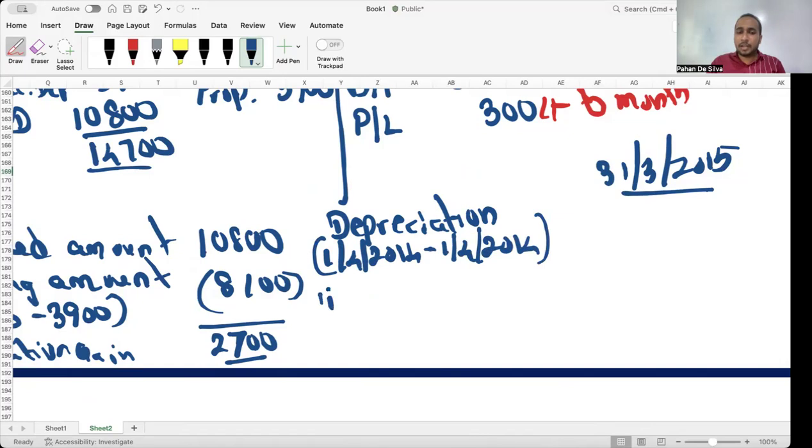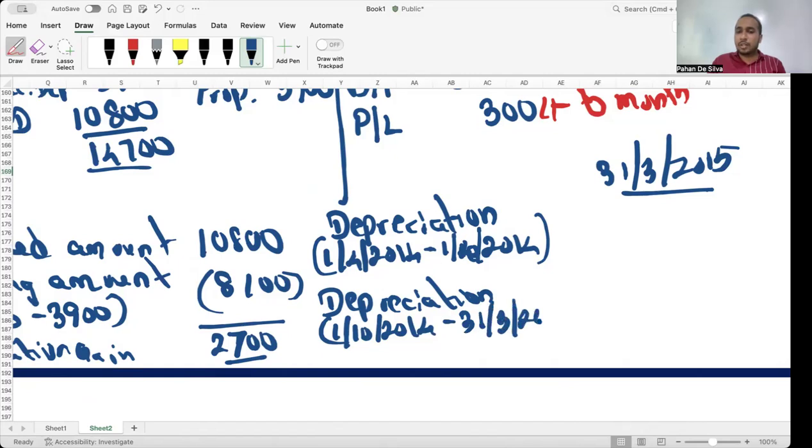Then we have to take the depreciation after the revaluation, that means from 1st October 2014 to 31st March 2015.